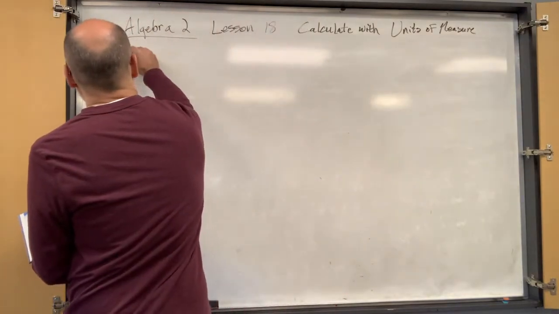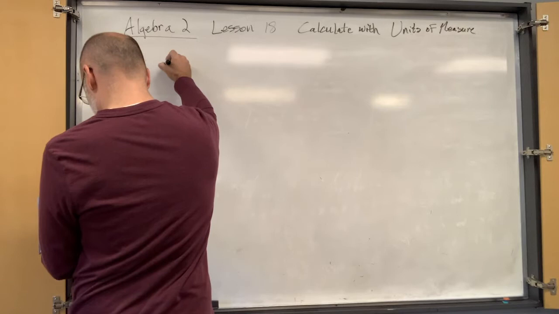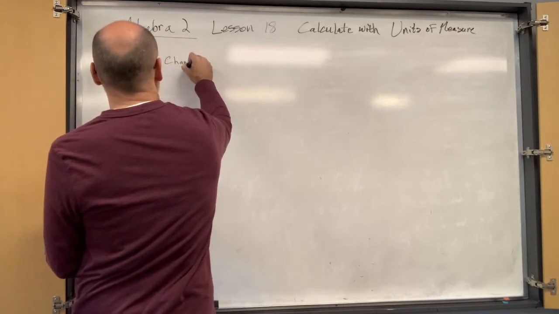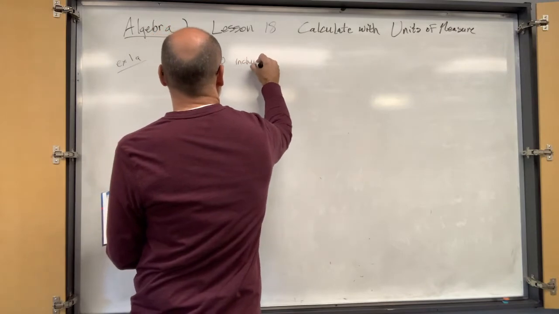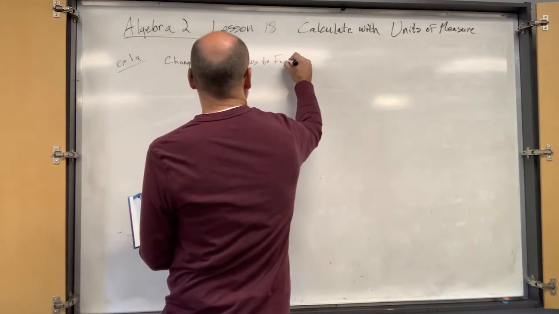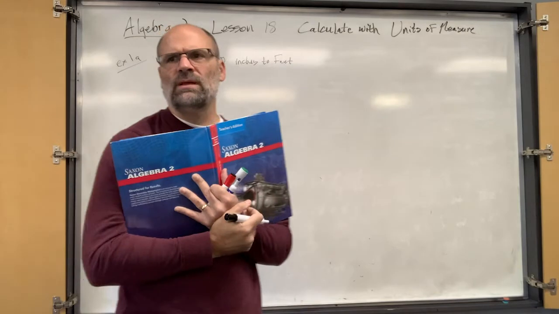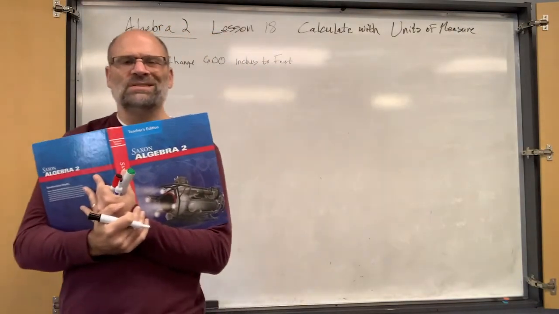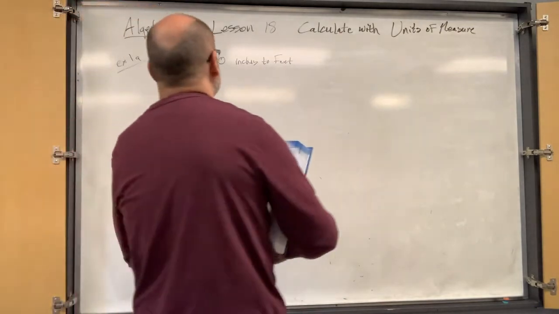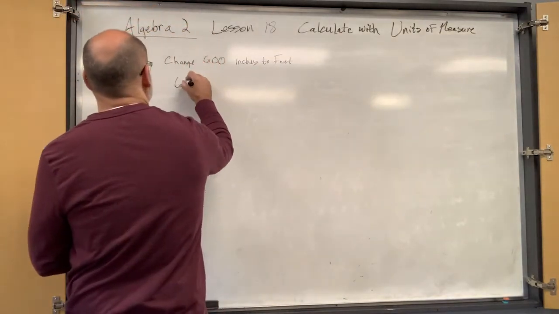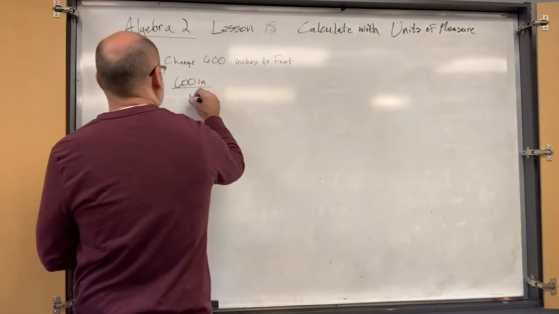Here's example 1A. I want to change 600 inches to feet. How would you do that? There's a couple different ways. What's the one way that I always bug you about doing? It's something with the fractions.